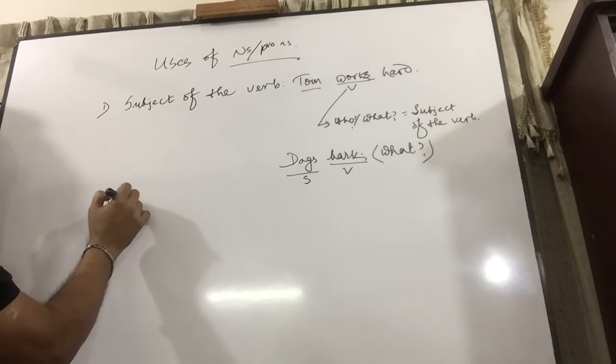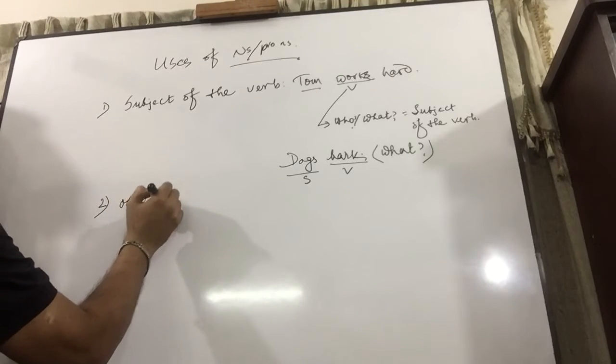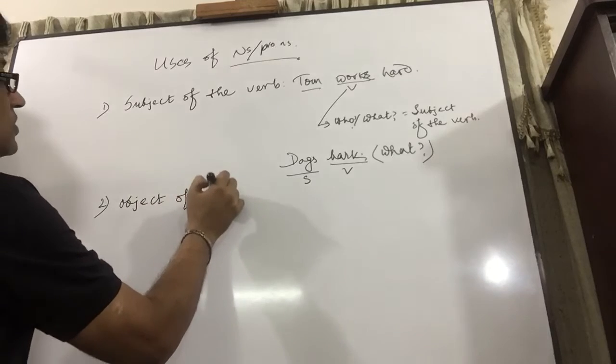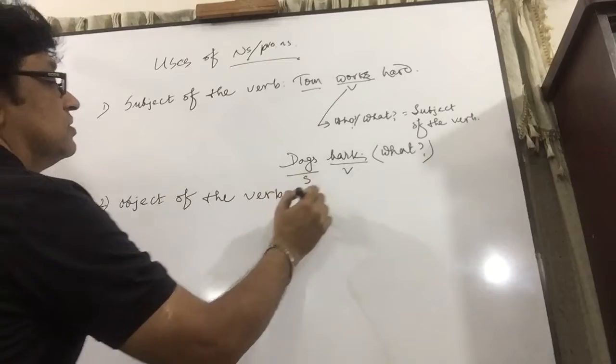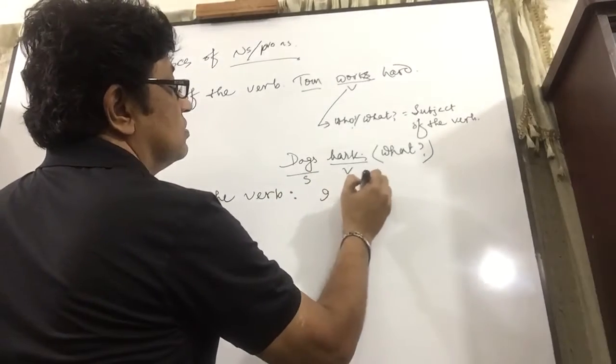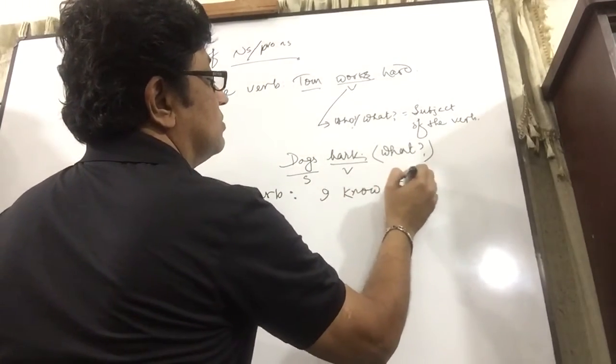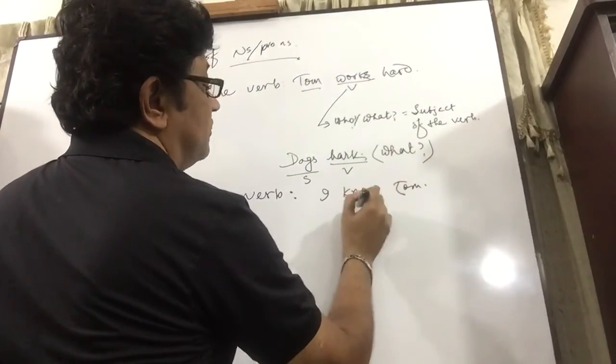Number two, object of the verb. Suppose, I know Tom. Know is the verb.